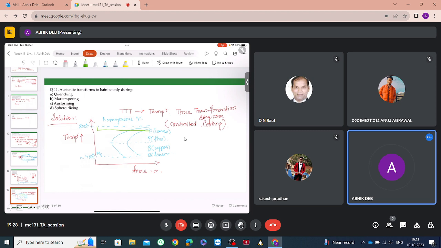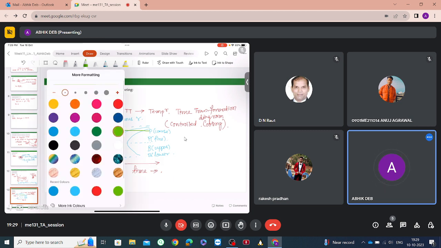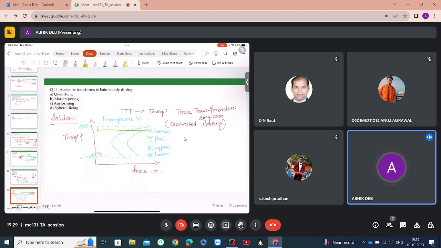See, it is already denoted as coarse perlite. If there is quenching like this, say, this will be quenching. Then we will get martensite. This process is called quenching.